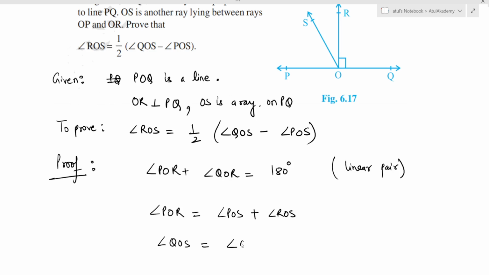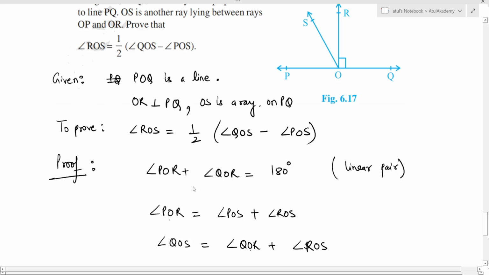QOS is QOR plus SOR, or ROS. Fine, students. Can I write all this? Done with this also? Now if you check this POR and QOR, from this only I'll say they both are 90. Yes, they both are 90 over here. So I'll just put their values. In this one I'll do first: POR is how much? 90 degrees is equal to POS plus ROS.